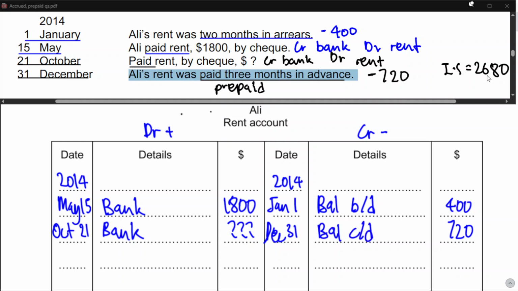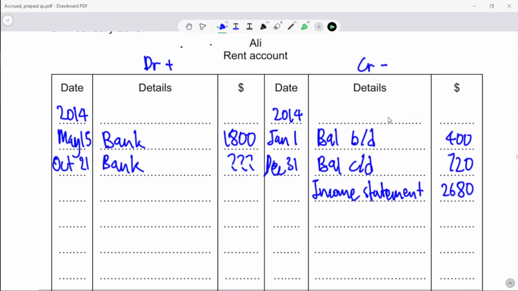Don't forget income statement is 2680. Okay, then we can balance the account. So this one question mark, not sure yet. So let's balance this one, no question mark, right? So we can go straightforward. So it's 3,800.